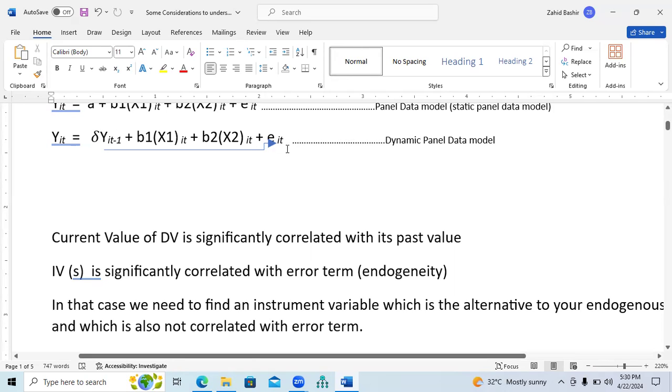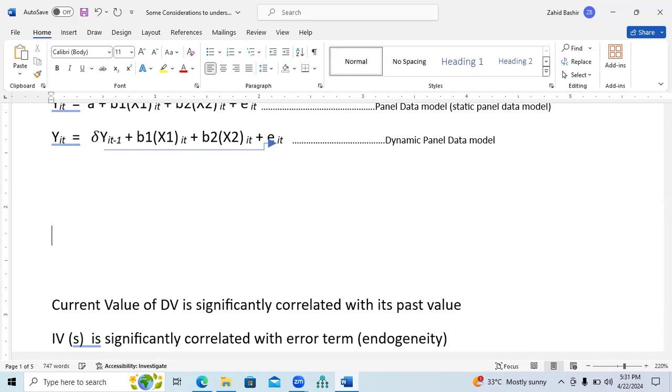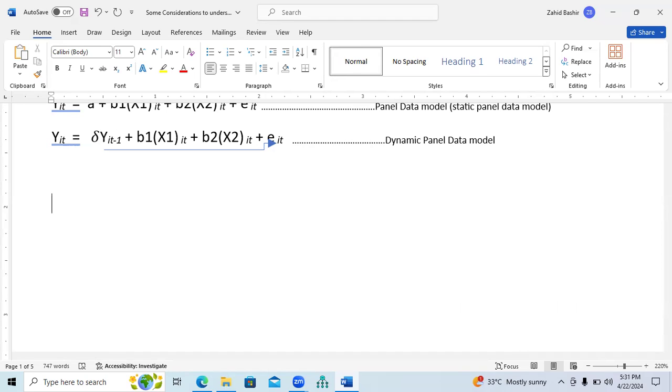This is another assumption that you need to understand for applying the estimation method, which is known as GMM. And this condition is also known as endogeneity. So if you need to understand the concept of endogeneity in case of dynamic panel data, there is a concept which is known as endogeneity. So what does it mean?